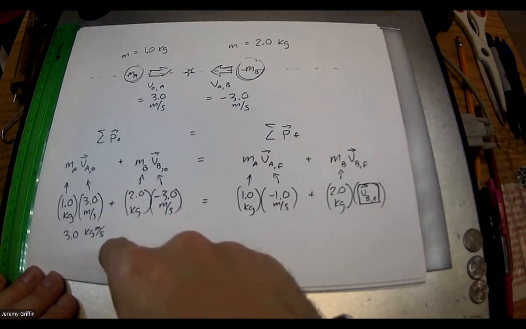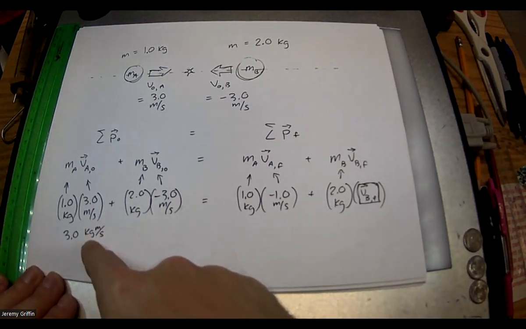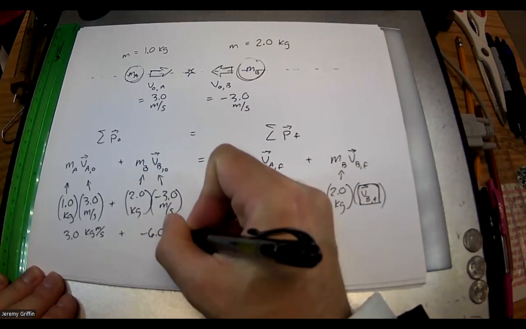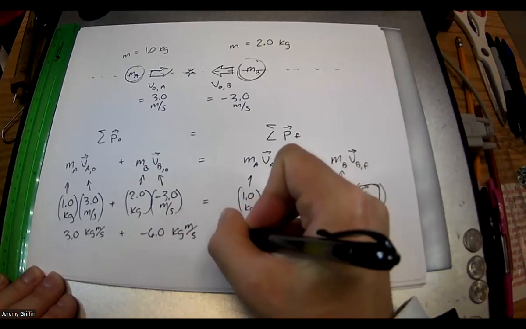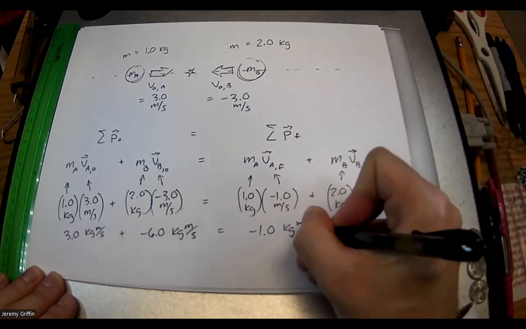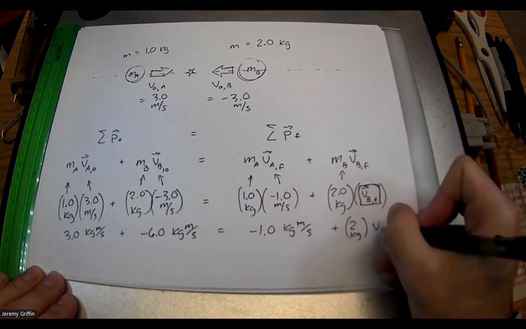It's the same thing, especially when we get to impulse, a change in momentum. I usually call that Newton seconds, but kilogram meter per second, just this thing. So plus -6 kilogram meter per second is equal to -1 kilogram meter per second plus 2 kilograms times VBF.